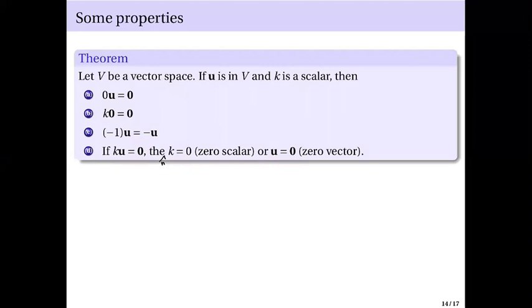Of course, it can be both. But at least one of them must be the zero of their set, either the 0 scalar or the 0 vector.